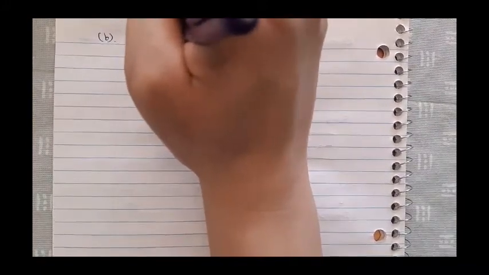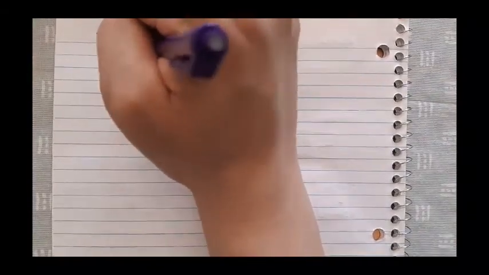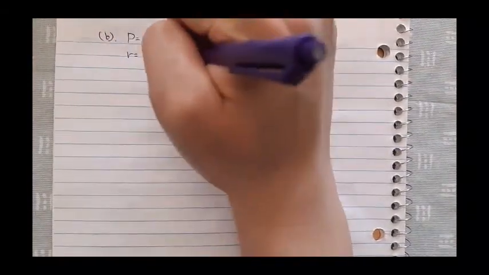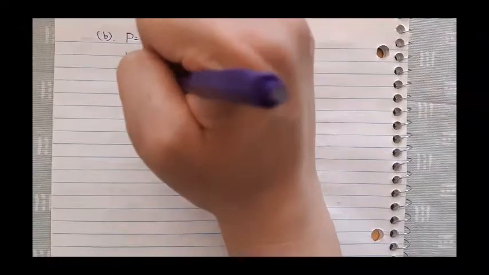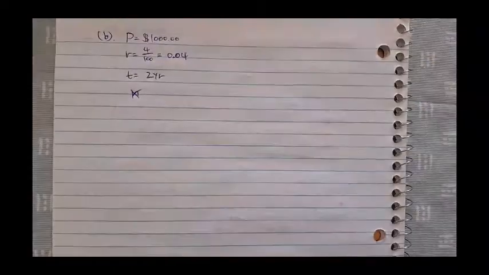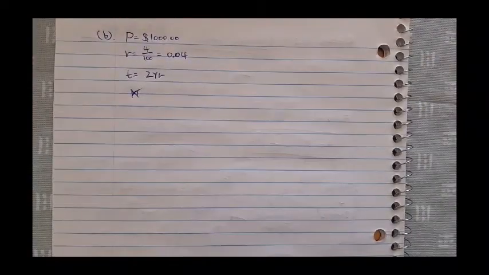The annually N disappears. I'm going to write the information first. R is 4 over 100, which is 0.04, and T is 2 years, and N is out of the picture. So annually, that part, take it out of your picture.